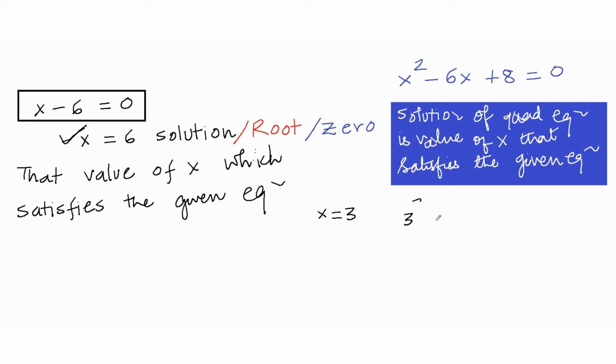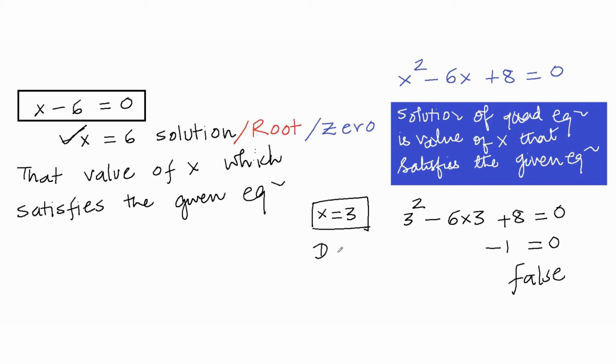So this is 3 square minus 6 into 3 plus 8 equal to 0, right? So 3 square is 9, 9 plus 8 is 17, 17 minus 18 is minus 1 equal to 0, which is absolutely false. So x equals 3 does not satisfy the equation, and therefore x equal to 3 is not a root of the given quadratic equation.